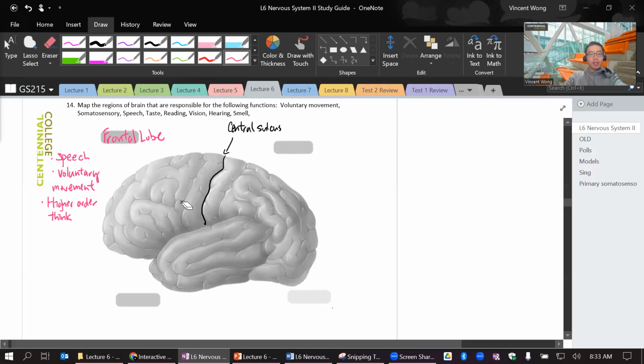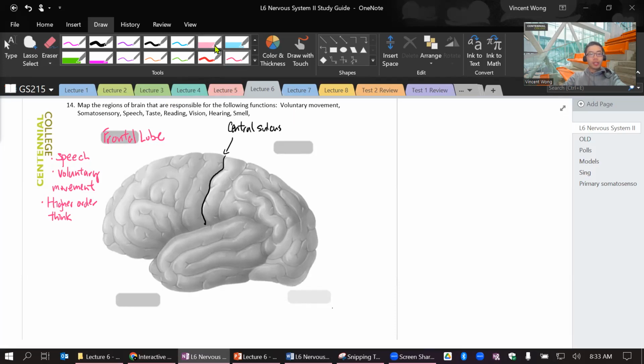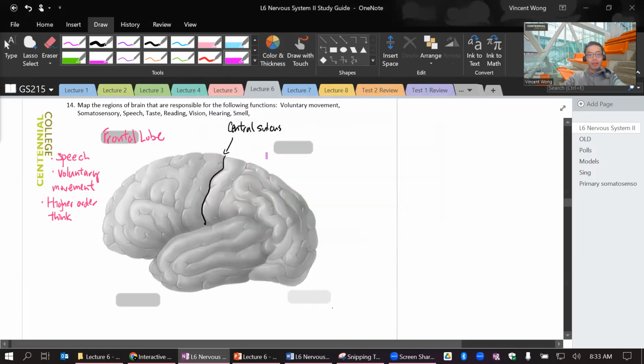So key areas in the frontal lobe that we should remember include this one right here. If you have been coming to class, you probably remember me talking about this many times already. That is the primary motor cortex, responsible for voluntary movement on the other side of the body, right?